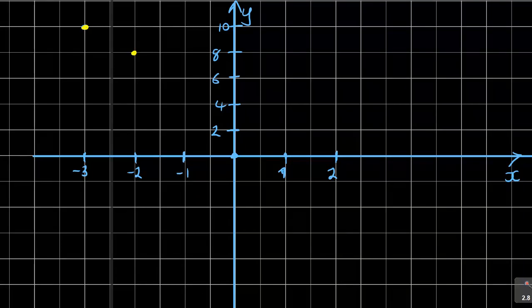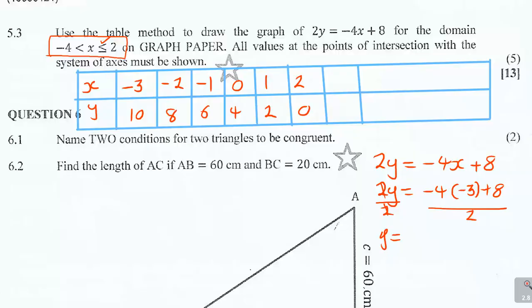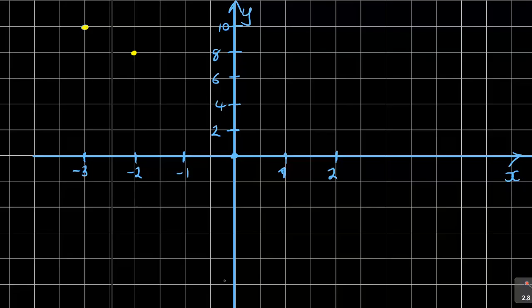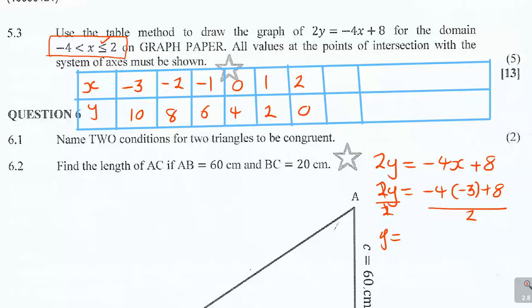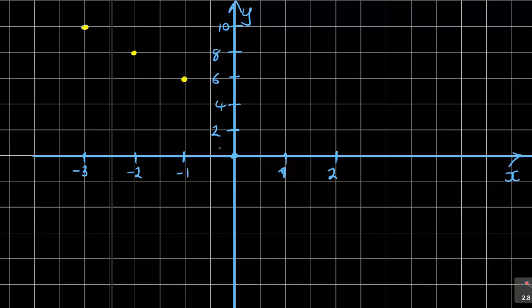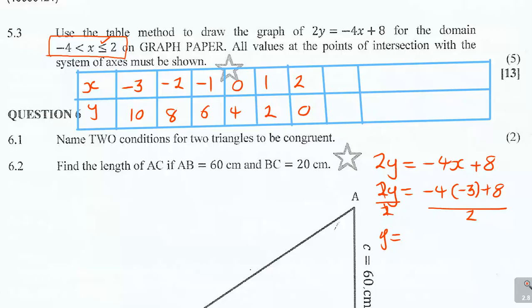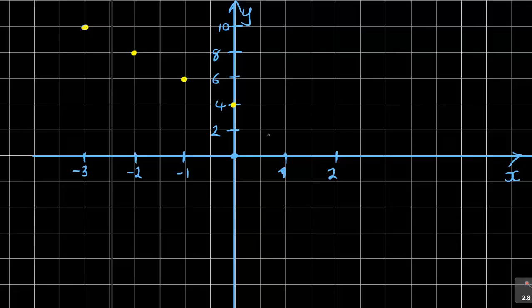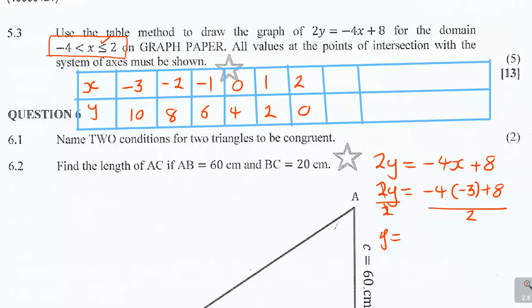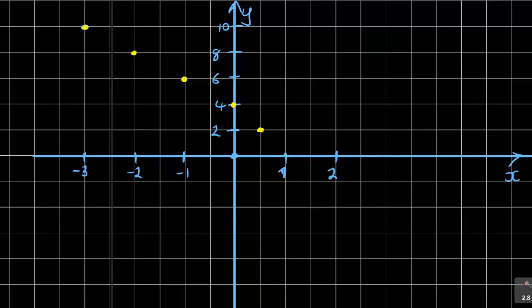And then I've got minus 1 is 6, and then I've got 0 is 4, like that. I've got 1 is 2, so 1 is that 2, and I've got 2 is 0.